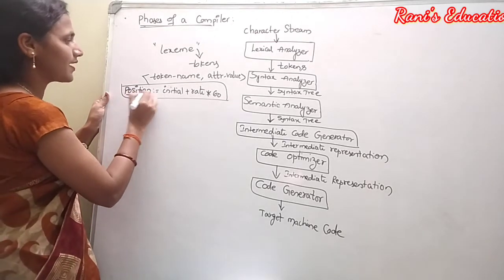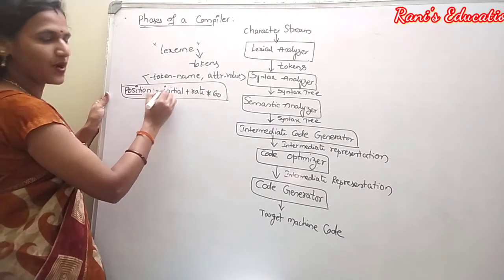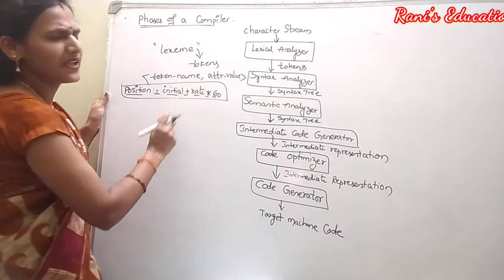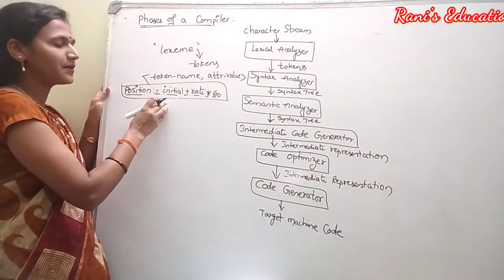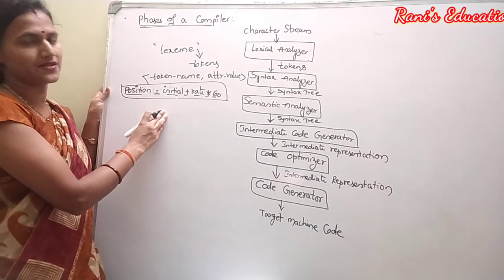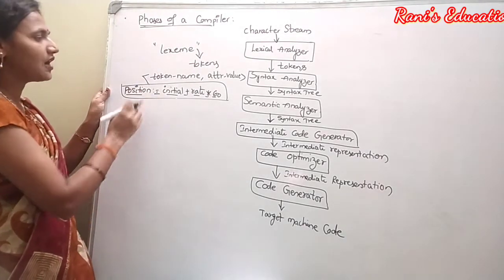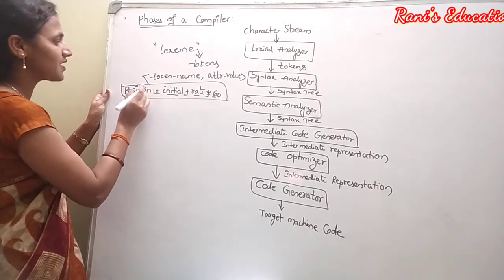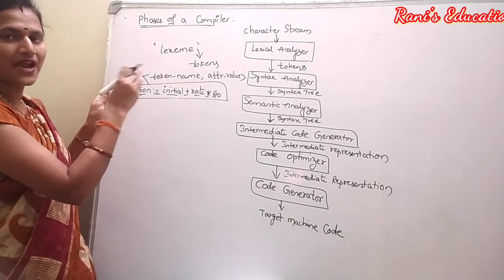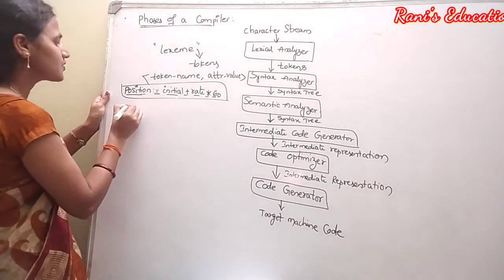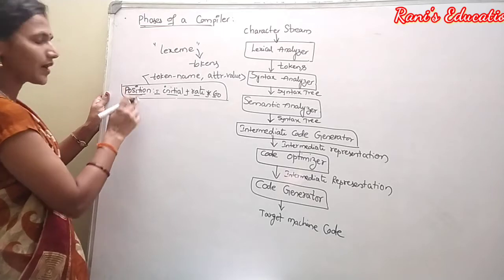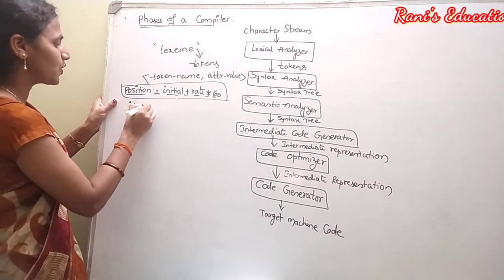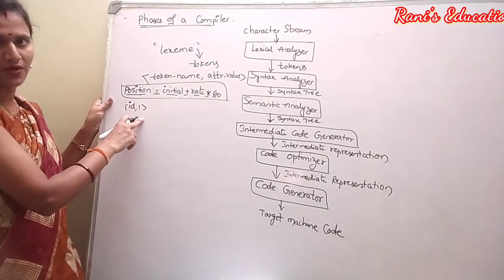Here position is one lexeme, the assignment operator is one lexeme, and initial, rate, asterisk, plus, and each and every symbol in that source program is considered a lexeme. Now, how do we convert these lexemes into tokens? Position is an identifier, which identifies something. So we write the token like this: an identifier, which is stored in the first entry of the symbol table.